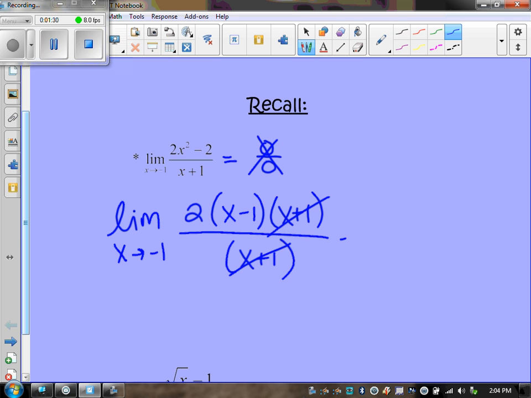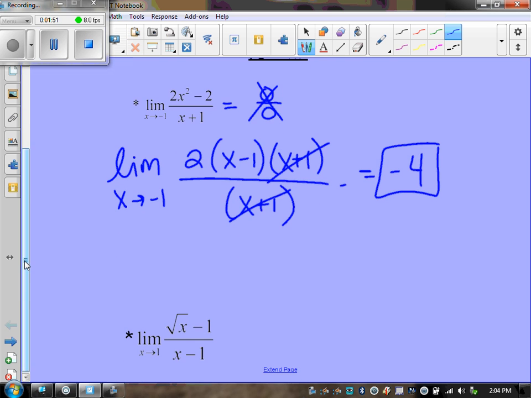If I plug in a -1, I get -1 minus 1, which is -2. -2 times 2, so my limit would be -4, right? So as x approaches -1, I end up approaching -4 on the line. So that's an example of one where we had to factor, simplify, and then redo our limit.